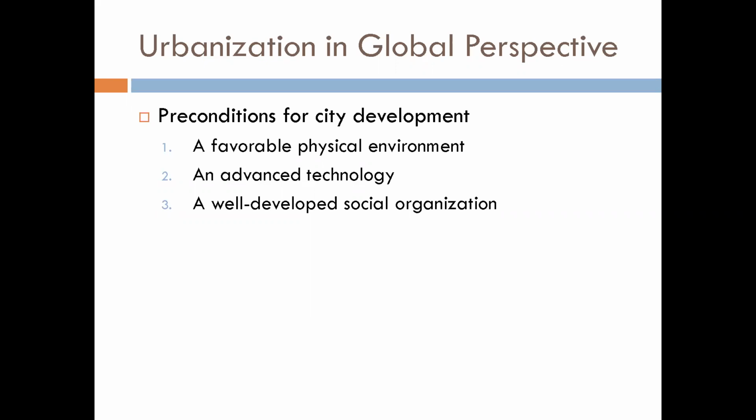At first, when you want to see which part of a country is good for establishing a city, you look at the geographical and physical characteristics. For example, if it is in the desert, it doesn't have a good physical environment for shaping, forming, and building a city.